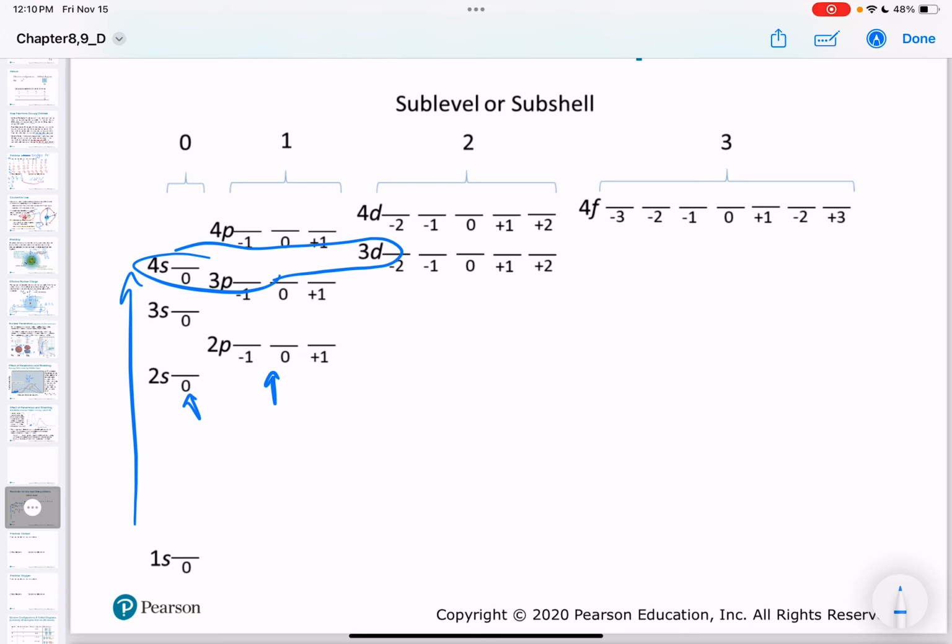It will help you to know how many orbitals there are. So the method we're going to use today will help you to know that there's 3 p orbitals and that there's 5 d orbitals. And then assigning those M sub L values should be pretty straightforward, knowing that d is an L of 2 and that there's 5 of them. So you're starting negative and going through the positive values.